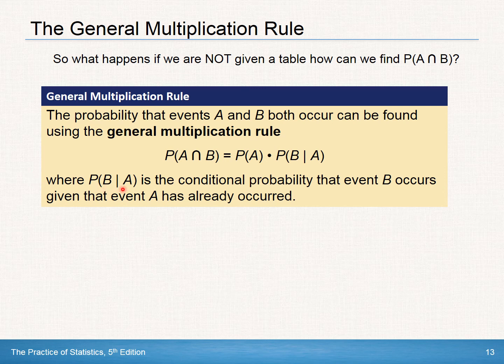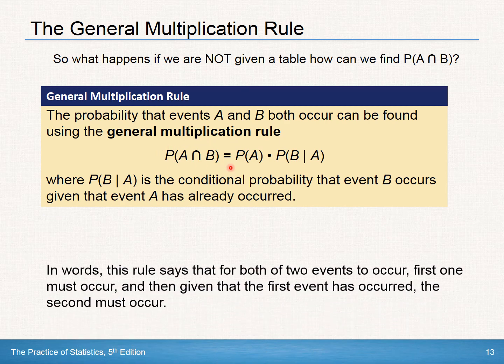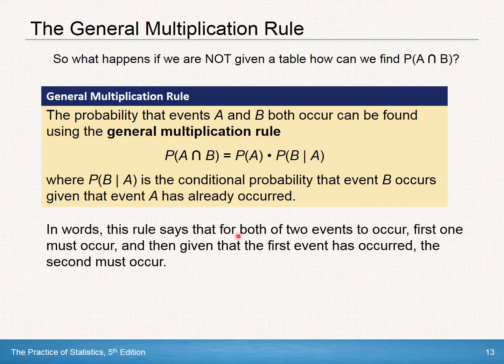Now let's think about this. The probability of B given A is the conditional probability that event B occurs given that A has already occurred. This is just the conditional probability formula reworked. If we think about this, the probability of B given A is equal to the probability of A and B all over A. In other words, this rule says that for both events to occur, the first one must occur, and then given that the first event has occurred, the second event will occur.